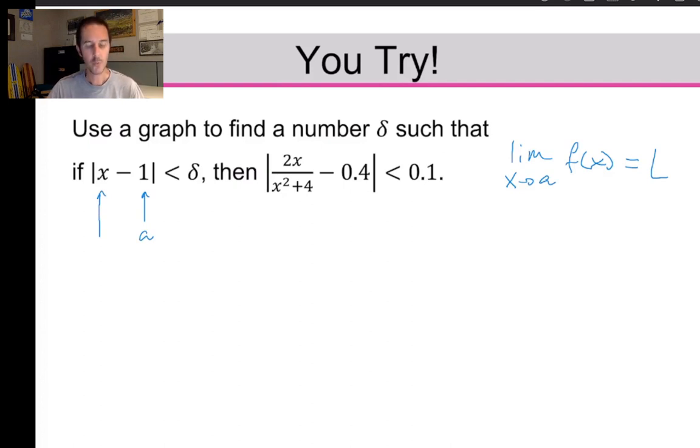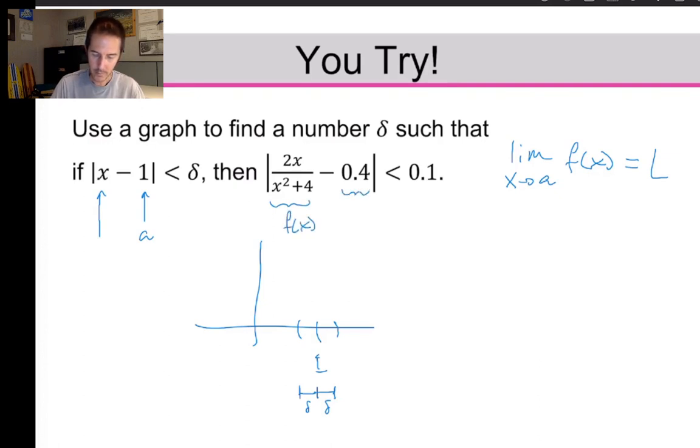And if here's the number 1 on our x-axis, we only want to be using certain x values that are within plus or minus delta away from the number 1. So that's where our x values are going to be coming from. That's obviously the delta. And then this is our function.